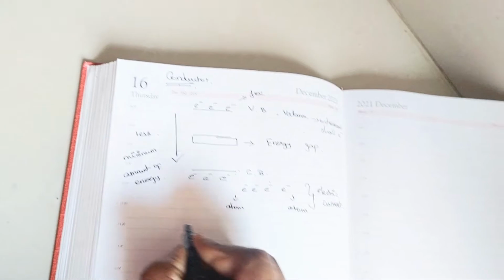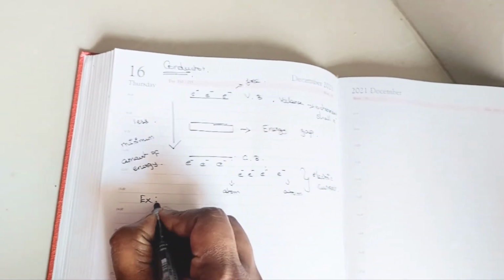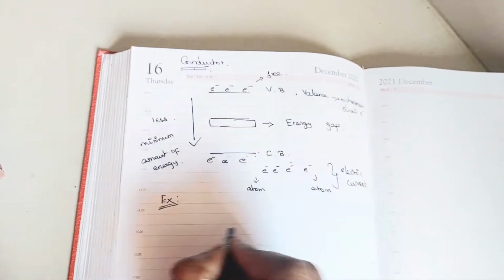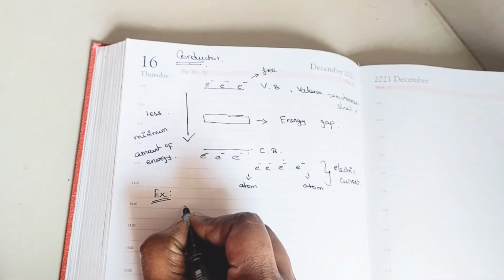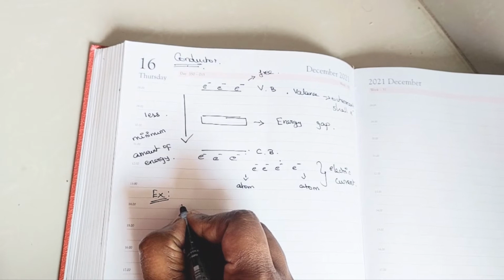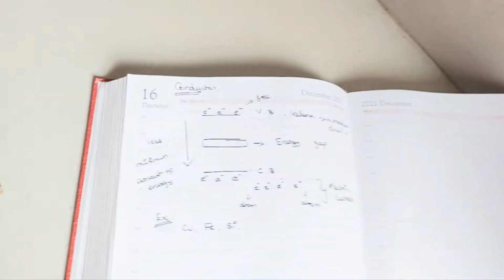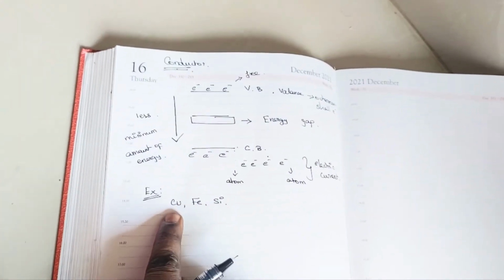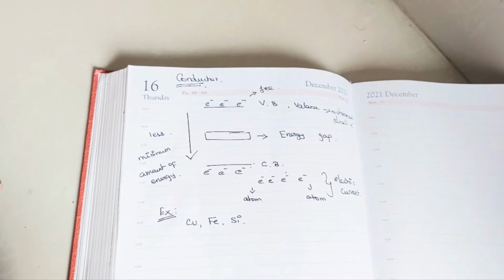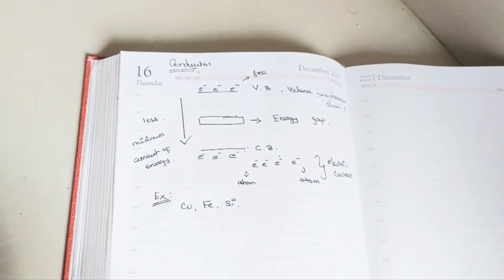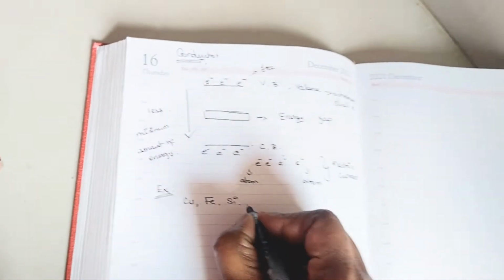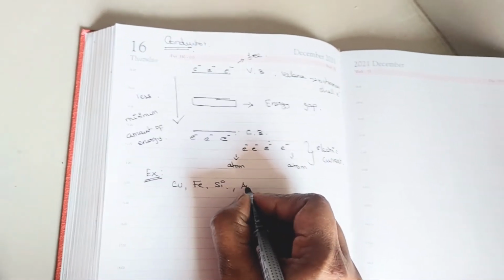So what are the examples of conductors? All metals are good examples of conductors. But here let us consider copper, iron and silicon. I am considering these three examples. The speciality of copper is that most electric wires are made of copper, and aluminum also.